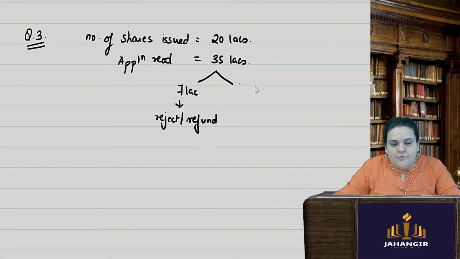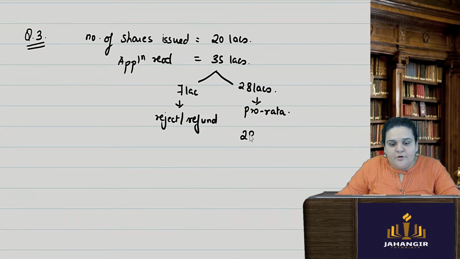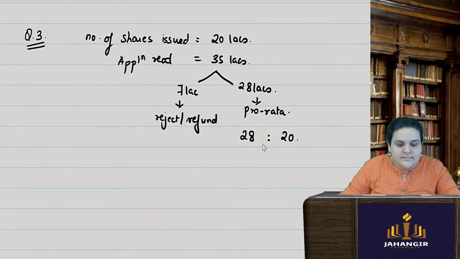So now I am left with 28 lakh shares that I have to adjust and do the pro rata. So my pro rata ratio will be that if you have applied for 28 shares, you will get only 20 shares. Application is to allotment.